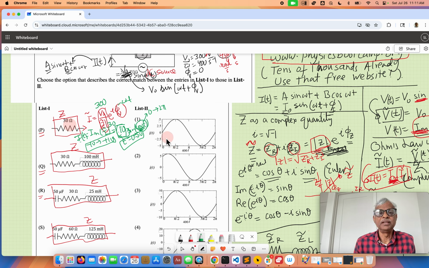So it could be this guy, regular sine from 0 to 2 pi, but the magnitudes are not correct. It's going to plus 5 and minus 5. This plus 5 is still not correct. This could be correct, and this is going from 0 back to 0 over one period.